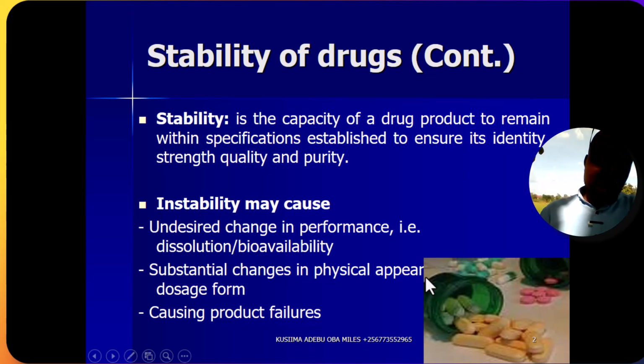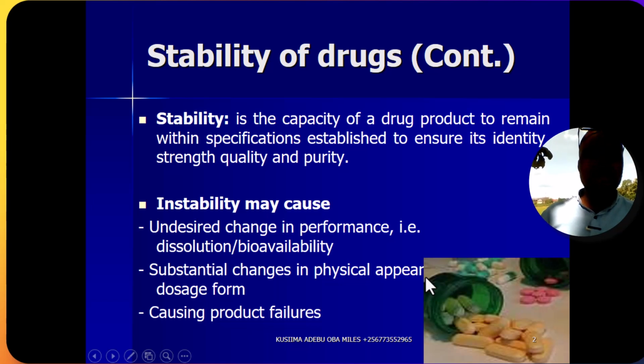So stability, as we said last time, is the capacity or ability of a drug or a product to remain within specifications established to ensure its identity, strength, and purity. So it must maintain its strength.